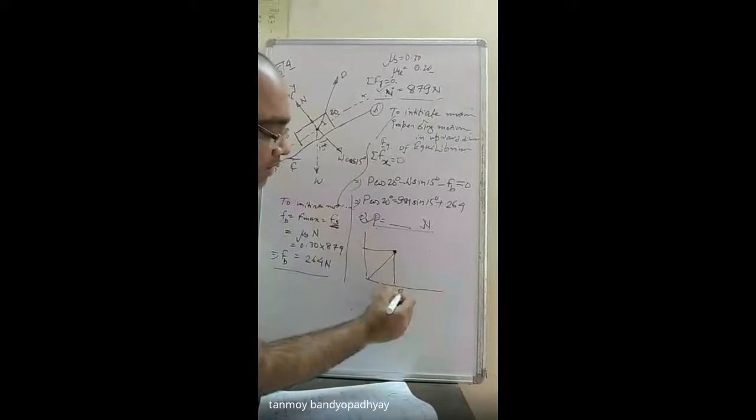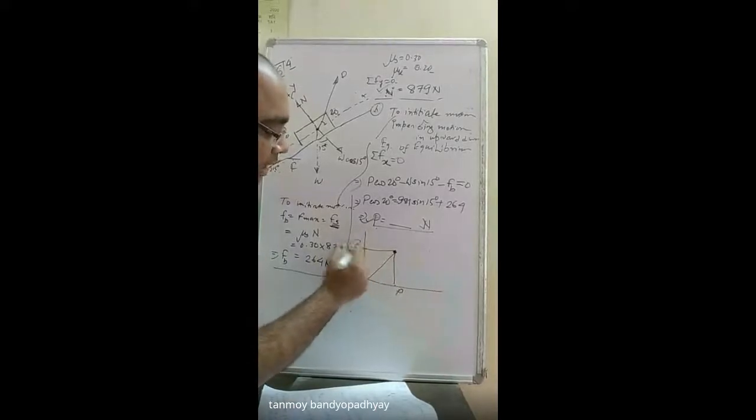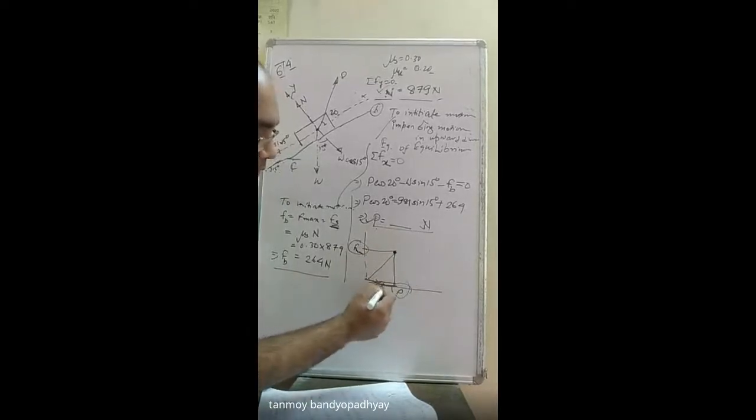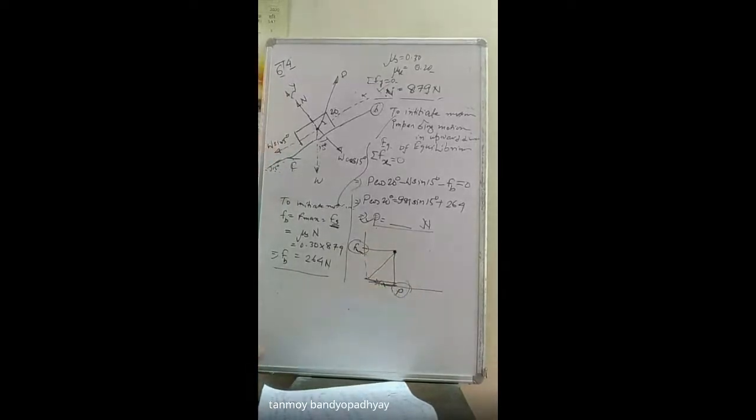So this is P, this is F max. When F is F max, what will be the value of P? But in the last case, P lies somewhere away from this one, so that friction was to be determined from the equations of equilibrium. I hope you can understand this.